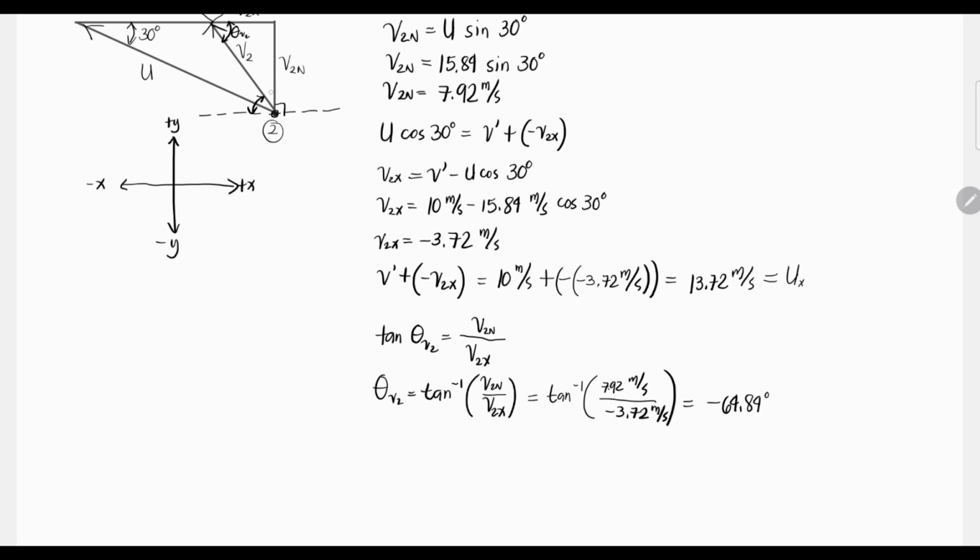And then, for example, this one is 110 degrees. But when it's negative, it means it comes from the left side of our point of origin.